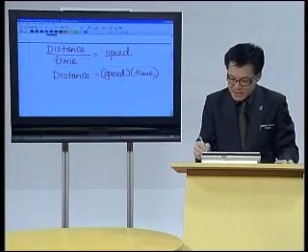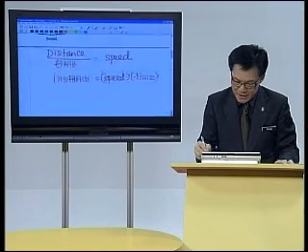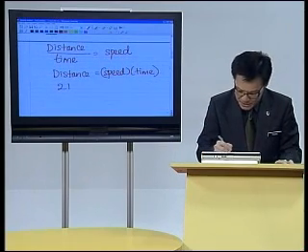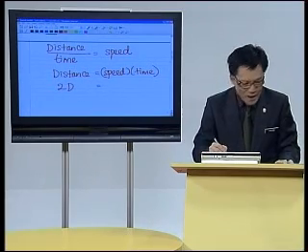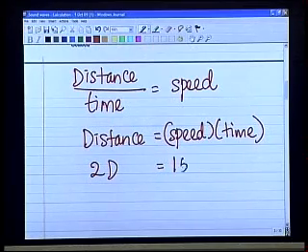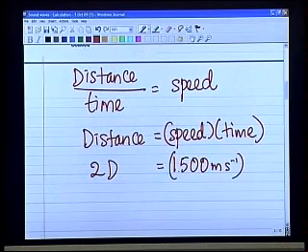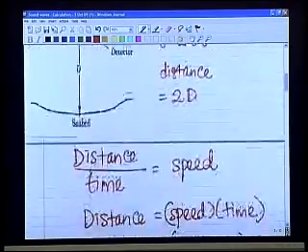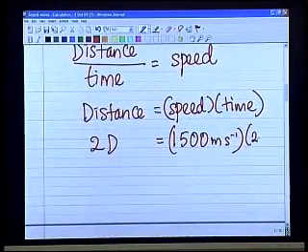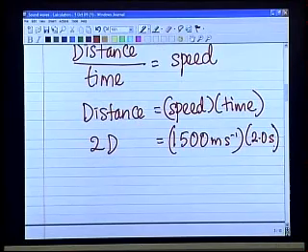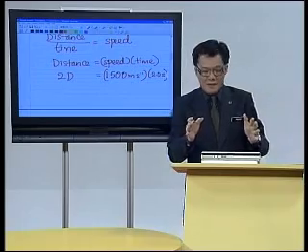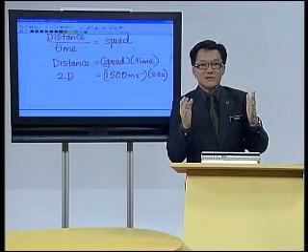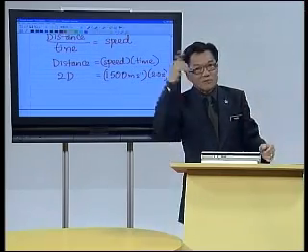So what is the total distance traveled? 2d, I write down 2d equals speed. What is the speed? 1,500 meters per second times time. What is the time? 2 seconds. Once you work this out, and by the way, this is the time where you can take out your calculator, not from the start.